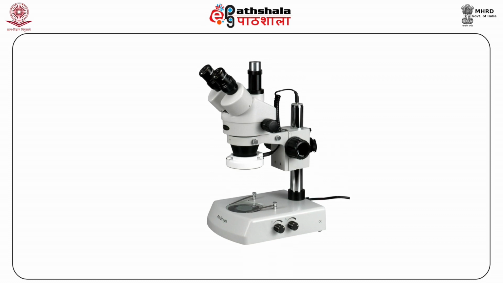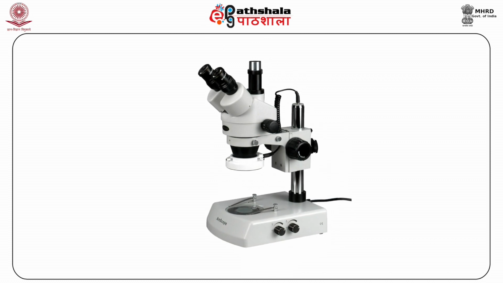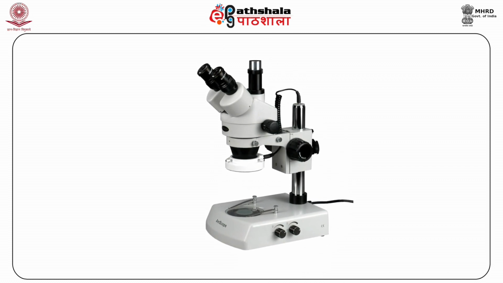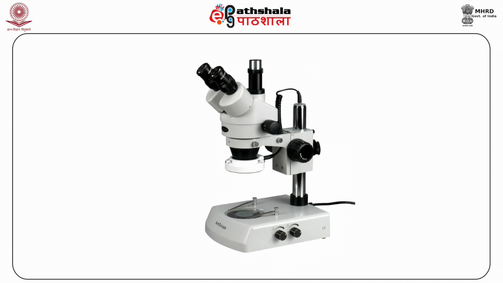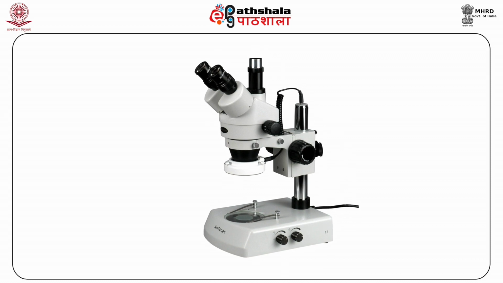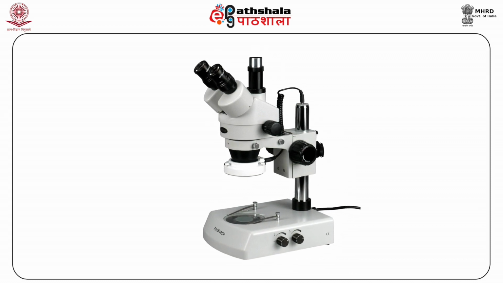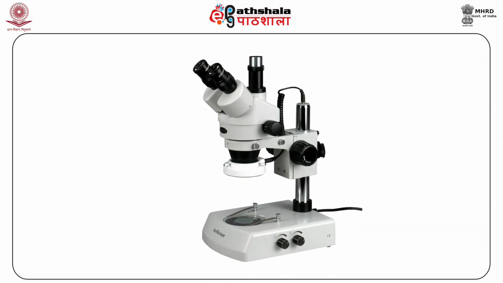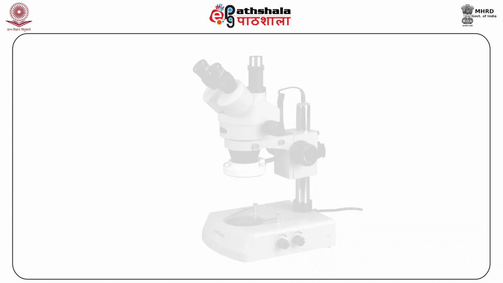The extended working distance, that is the space between the specimen and the objective lens, the upright, non-reversed image, along with the large field of view, makes these instruments the choice for performing preliminary examination of the evidence.